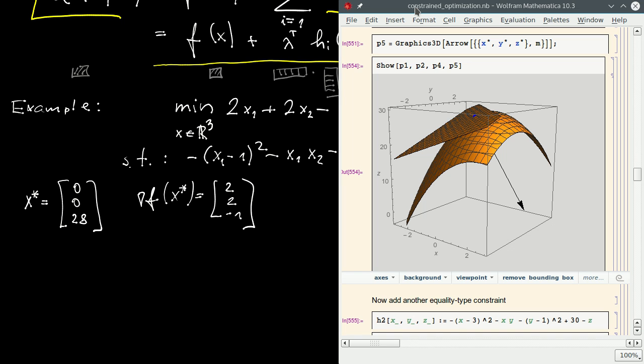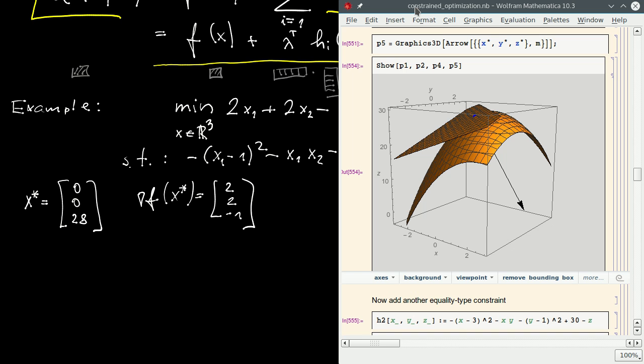Here in this case I cannot perturb it over the line because the line does not belong to the feasibility set, so I can only study the function as it evolves over the surface, along some curve over the surface.